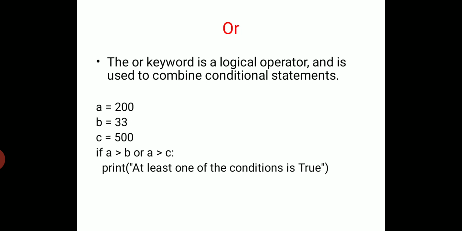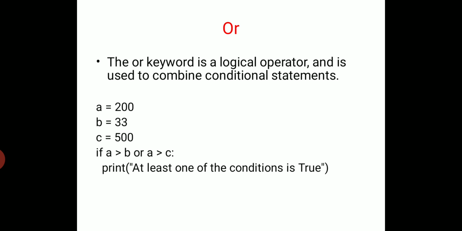The or condition is also a logical operator, also used to combine conditional statements. Or means at least one condition is true, whereas with the and operator, both conditions must be true; if any one condition is false, the statement stops. But in our case, if any one of the conditions is satisfied, then it will execute the output.